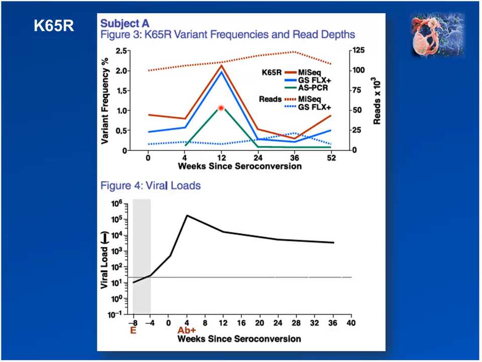Allele-specific PCR is a little bit below both of them, and that could be because allele-specific PCR is missing some of the molecules that contain the K65R variant just by virtue of the manner in which the allele-specific PCR assay is done. And again, to give you an idea of how close they are at this 12-week sampling time point, they are within about 0.2% of each other.